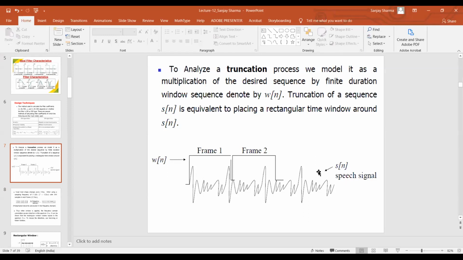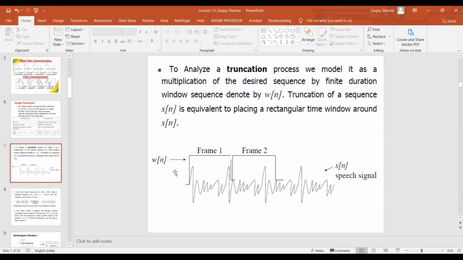What I will do is apply a window function, and I would like to see this signal only in this range. There will be a size of the window. I will apply that window, rather I will multiply the window with this speech signal. What is the window function? The window function is 0 beyond this width of the window.